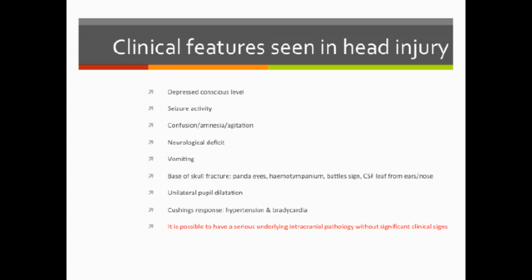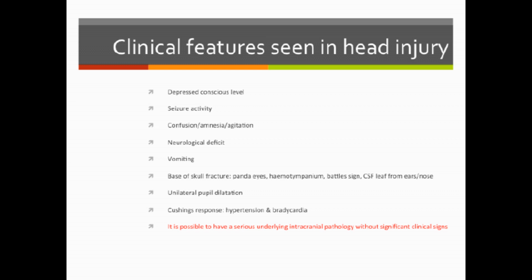Patients may well have a focal neurological deficit, and that can present in a wide number of ways, depending on where the lesion is. You may well see a focal neurological deficit where a patient, for example, might have unilateral weakness or sensory changes, but you may also see changes in the cranial nerve examination.